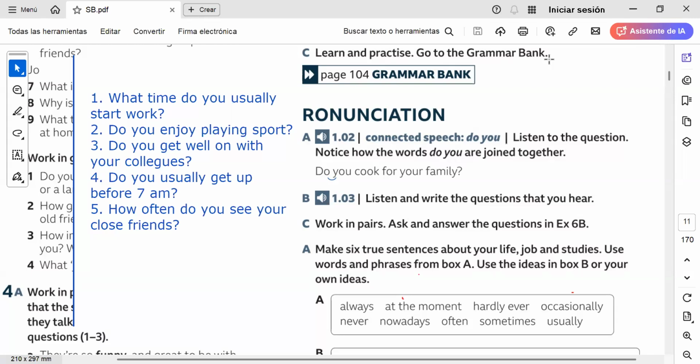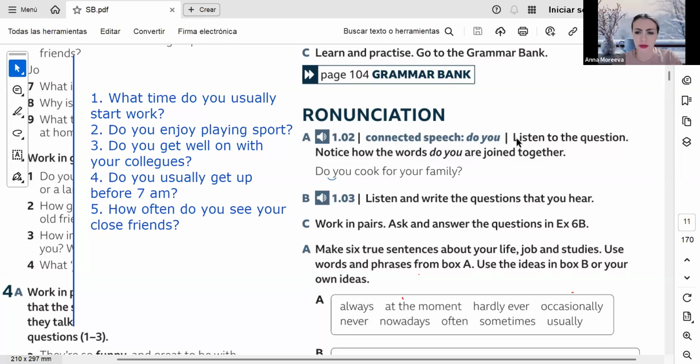Do you get on well with your colleagues? Yes. Do you usually get up before 7 a.m.? Yes, every day. How often do you see your close friends? Usually, I see my friends every week.